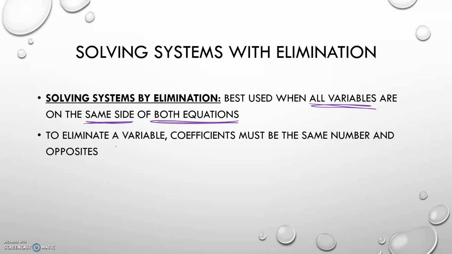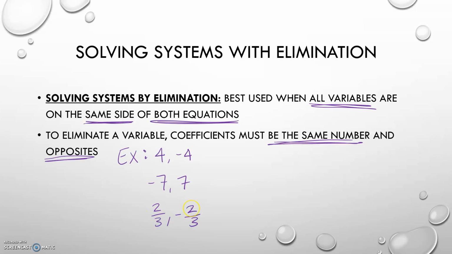To do that, the coefficients must be the same number but opposites of each other. For example, you could have negative 7 and positive 7. You could have 2/3 and negative 2/3. The number's the same, the sign is the opposite.